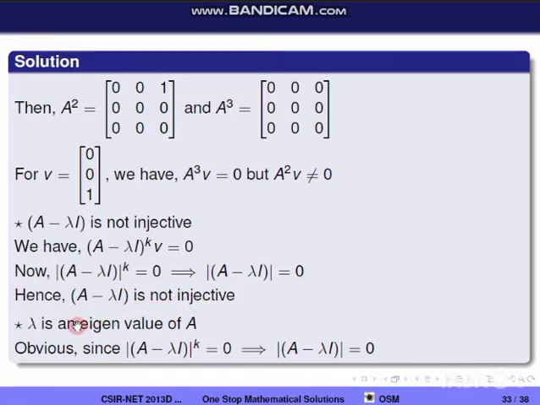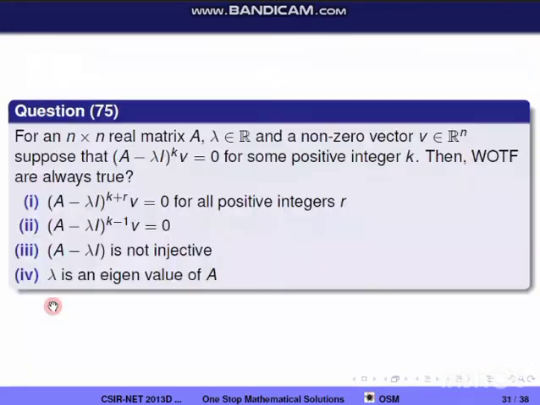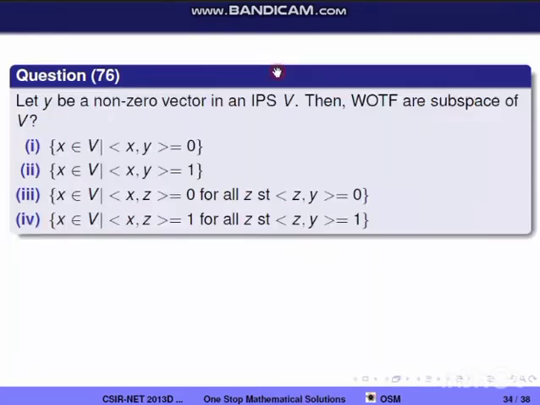Fourth option, lambda is an eigenvalue of A. It is obvious since we got determinant of (A minus lambda I) whole power k equal to 0 implies determinant of (A minus lambda I) is equal to 0, which is the definition of eigenvalue. So this option is also true. So the correct options are 1, 3 and 4.